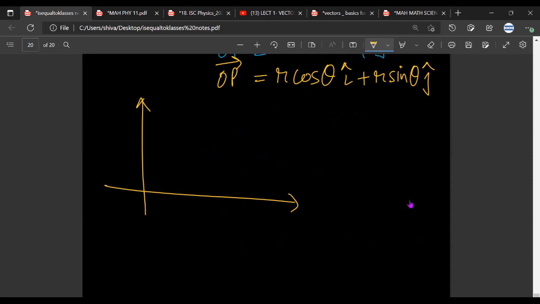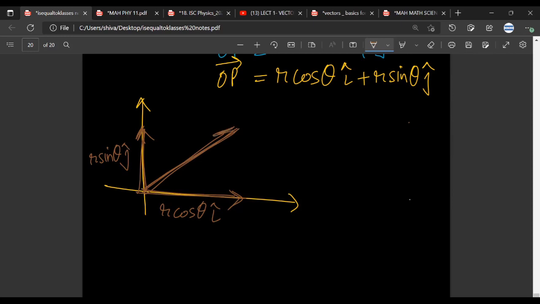If this vector is r cos theta i, and this vector is r sin theta j, and if I add these two vectors, I will get this vector, which would be r cos theta i cap plus r sin theta j cap.